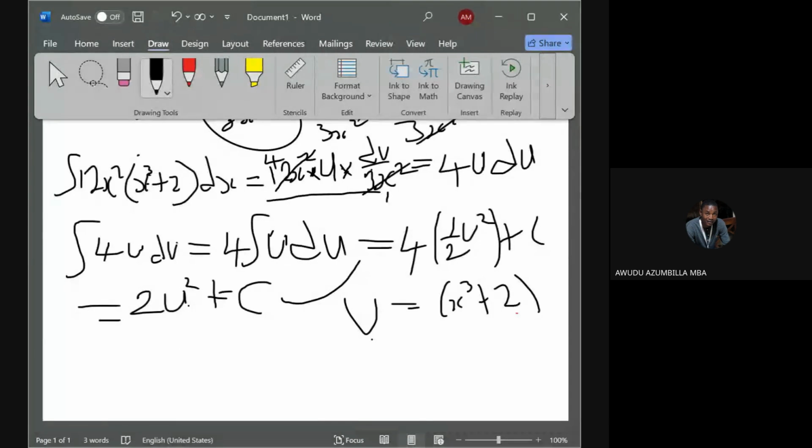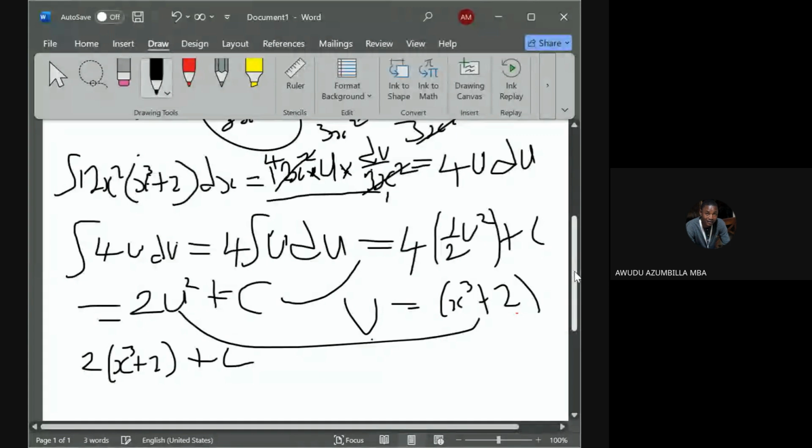So it means that I can substitute my u there. So I'll have 2 bracket x cube plus my 2, and then I can add my constant c.